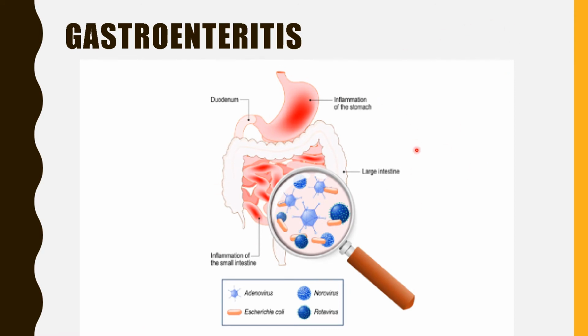Then comes gastroenteritis. You're facing nausea and vomiting with diarrhea. There is a magnifying glass here along the intestine. It has magnified the small intestine, and it is showing the various viruses and bacteria which invade during gastroenteritis, like the adenovirus, Escherichia coli, E. coli, norovirus, or rotavirus.